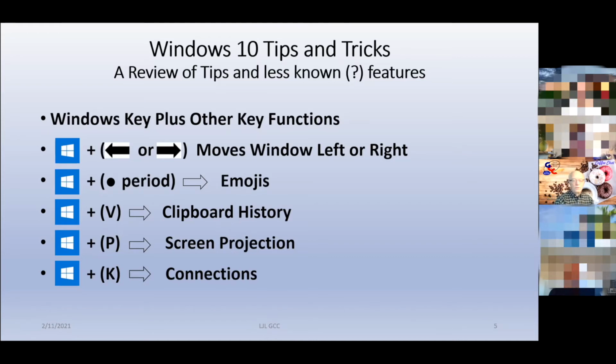In other words, you can copy multiple things in a document or from a website, and then you can go to the new document you're creating, and you can pick what you want to paste when you want to paste it.